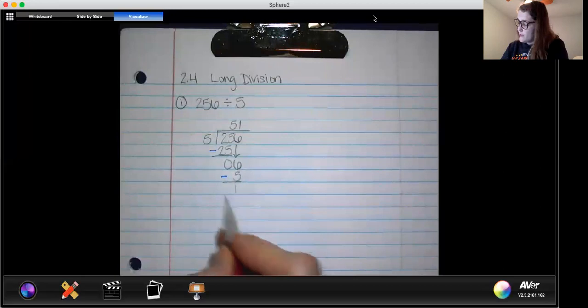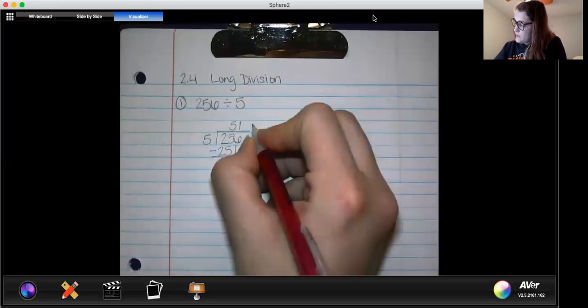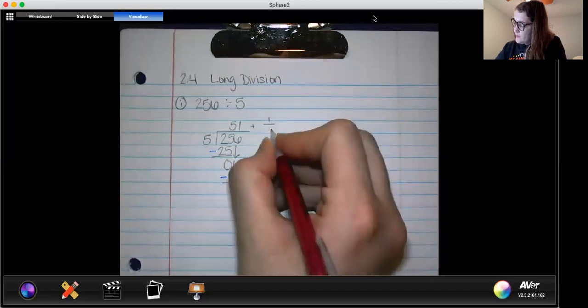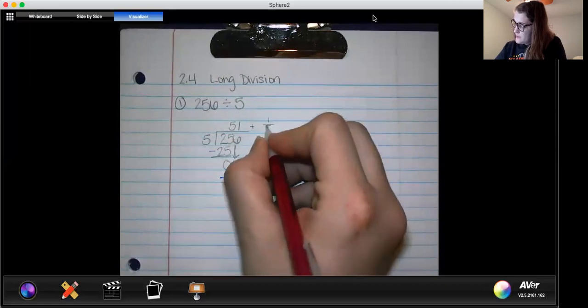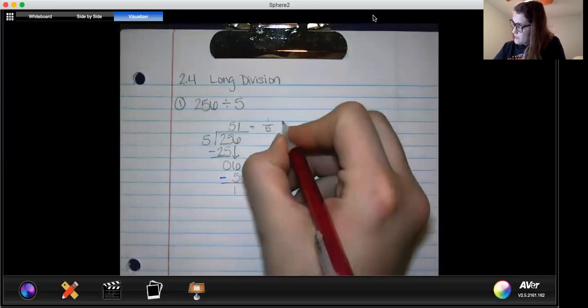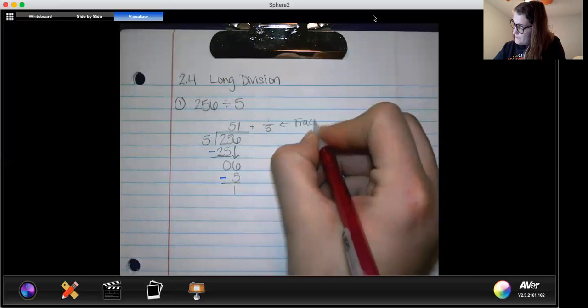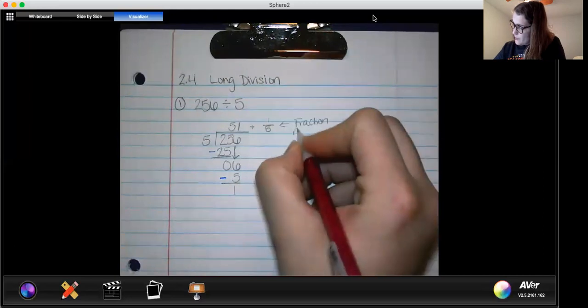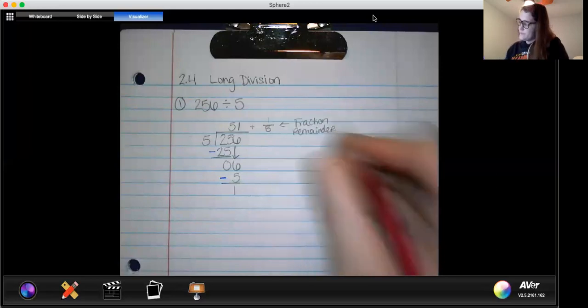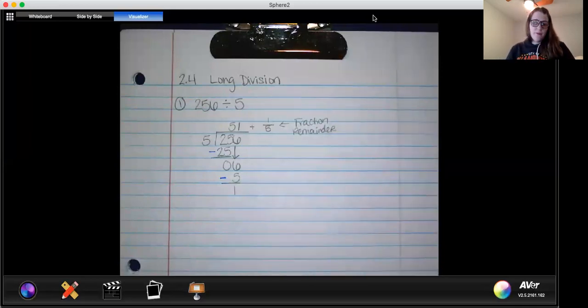So you're going to take your remainder and add it as a fraction over the divisor. So 1/5. So you have a fraction remainder. So our answer would be 51 plus 1/5.